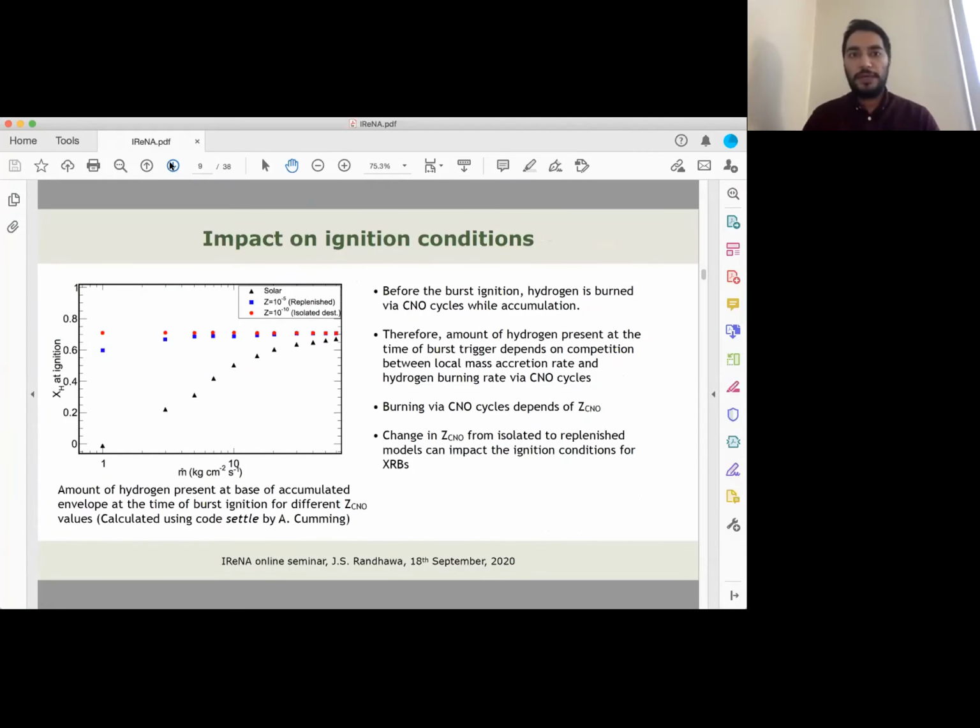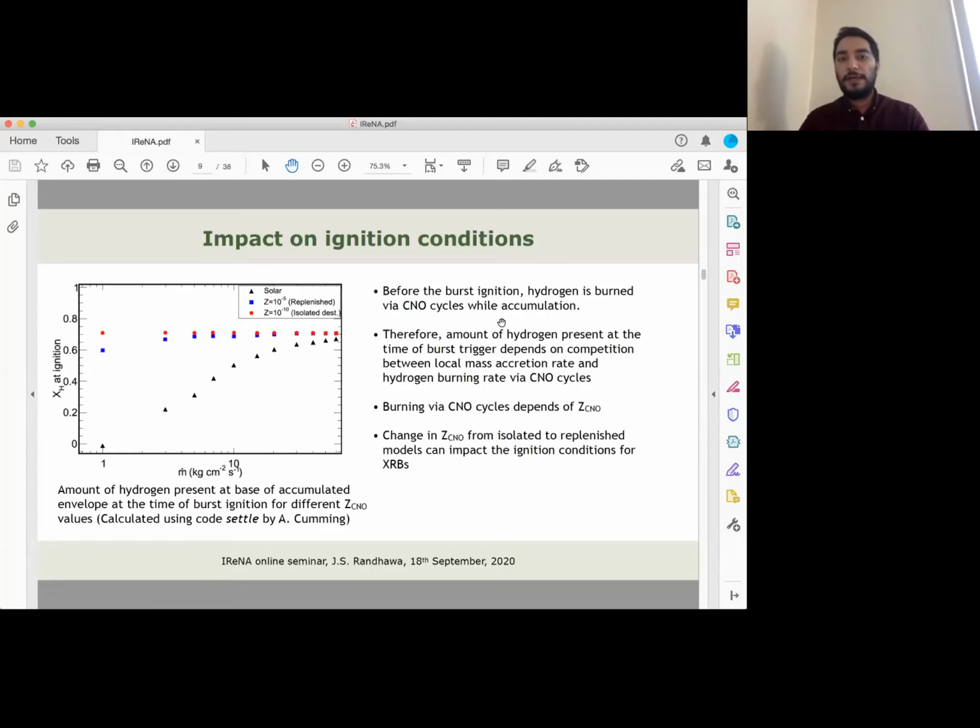Okay, so what impact does it have on ignition conditions? Now, this is well known and has been studied before: before the burst ignition, during this accretion and accumulation process, the hydrogen is burned via CNO cycles.